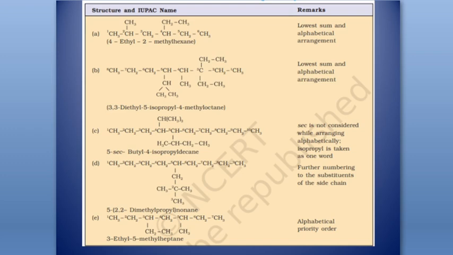So its name will be 5-neopentyl nonane, or its name can be written as 5-(2,2-dimethyl propyl) nonane. Next we come to the naming, which is heptane. So by alphabetical priority order, there are 2 side chains, one is methyl, one is ethyl. So it is 3-ethyl 5-methyl heptane.